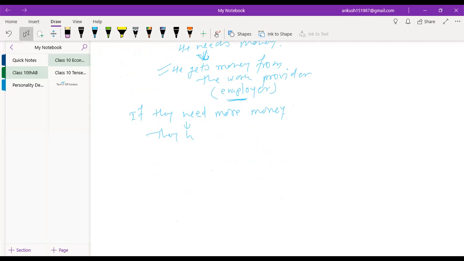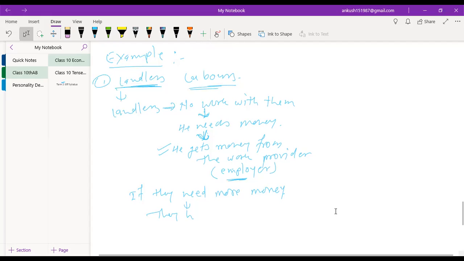Okay, so I was explaining that whenever landless people have no work, and they need money, sometimes they get employment from the local employer, and totally they are depending upon the employer, that he would pay them money.